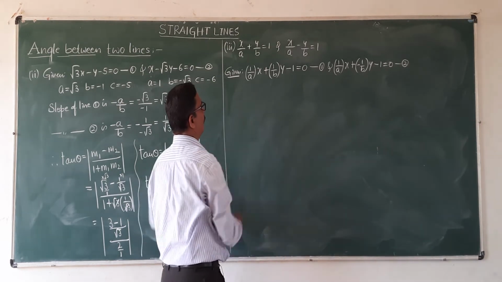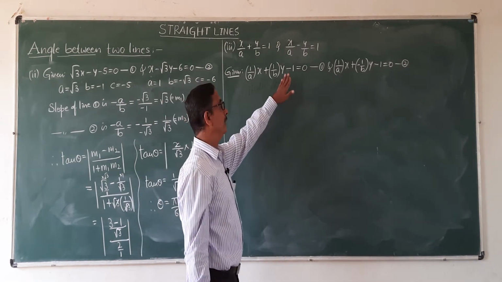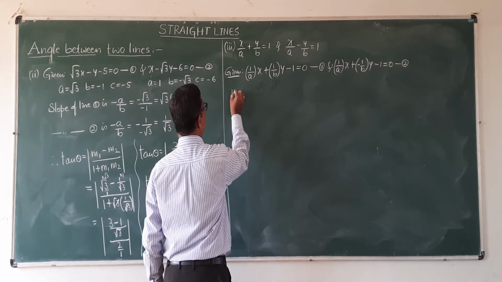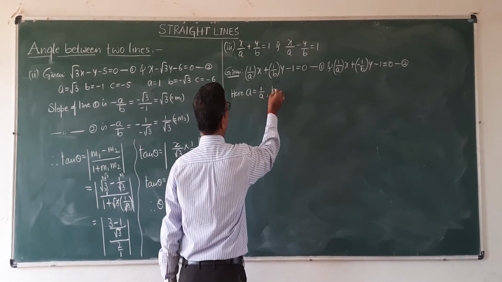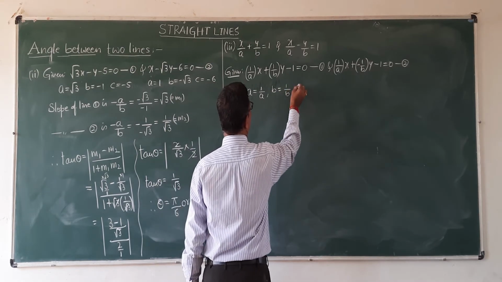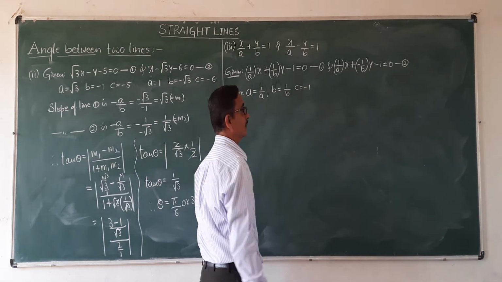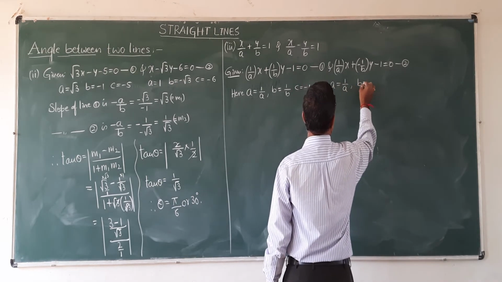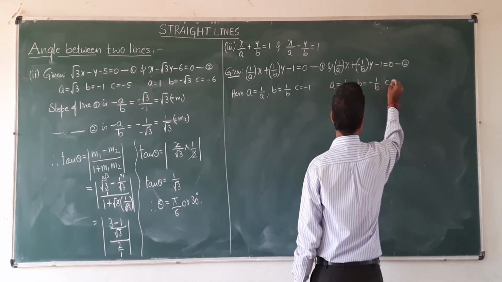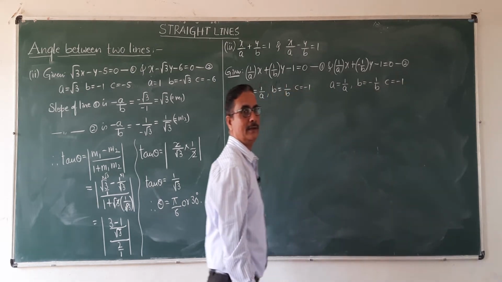Clearly it is in the form ax plus by plus c. Here what is a value? A value 1 by a, b value 1 by b, c value minus 1, whereas here a value 1 by a, b value minus 1 by b, c value minus 1, right?